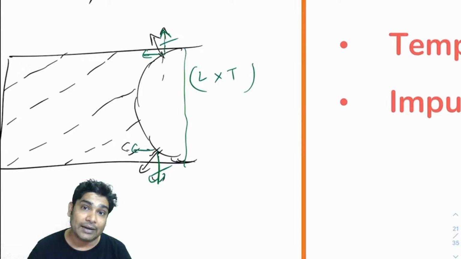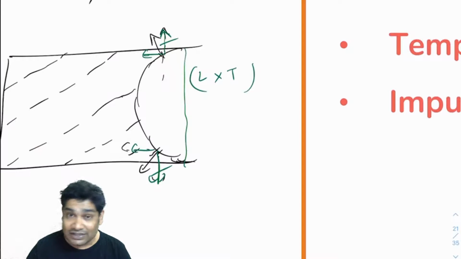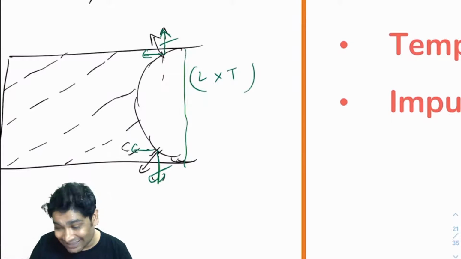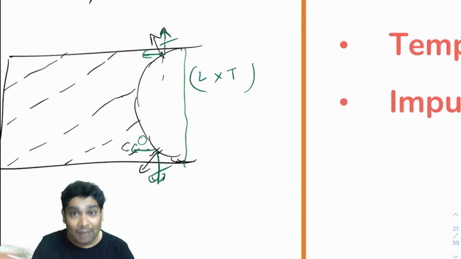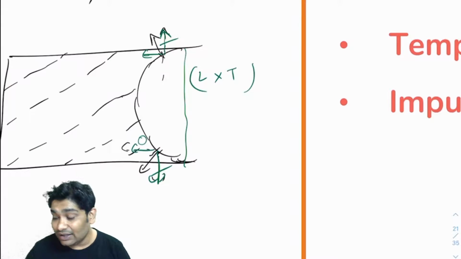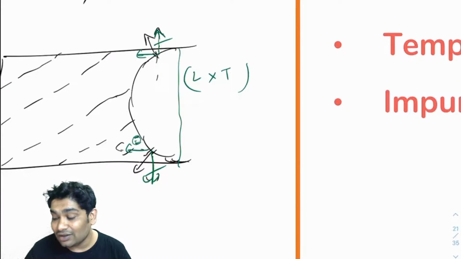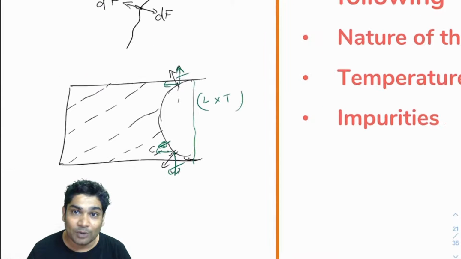You can use that as long as, again, the surface tension is uniform. If I told you that there were some impurities in some parts, then the surface tension would have a different value there, T dash, and you can't apply that.